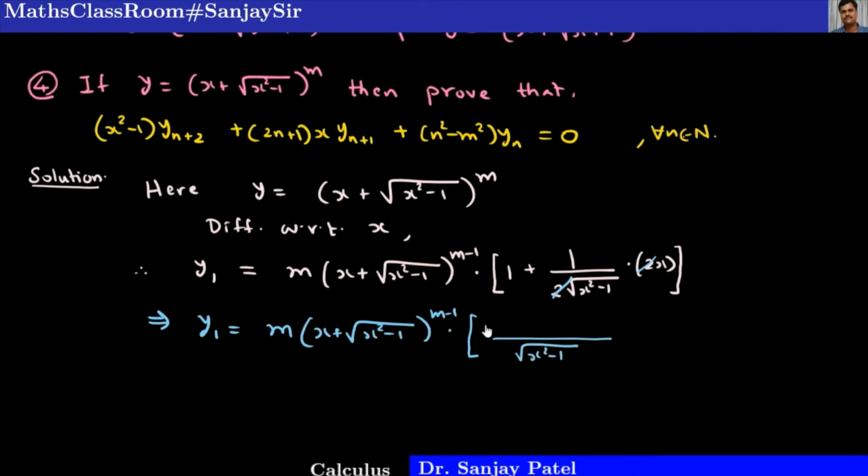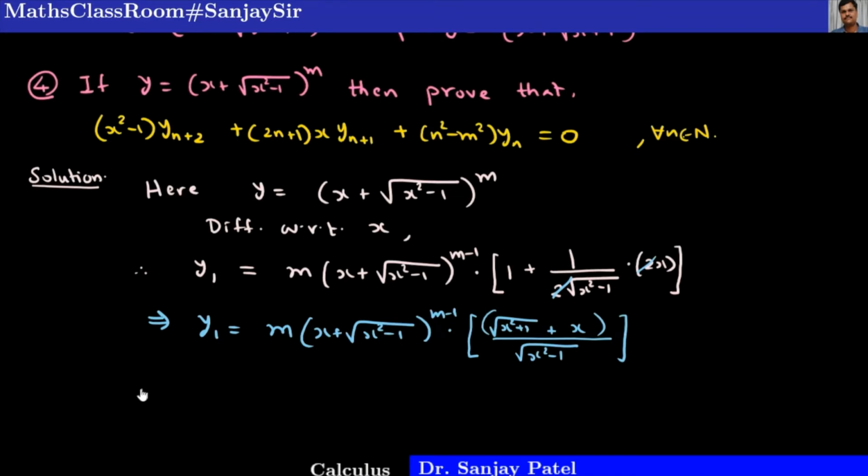So what I will get here is (square root of x square minus 1 plus x) upon square root of x square minus 1. So this expression is the same as the bracket. We can multiply these two, and let us write this square root of x square minus 1 on the left hand side. So multiplying both the sides by square root of x square minus 1, what we get next is this.